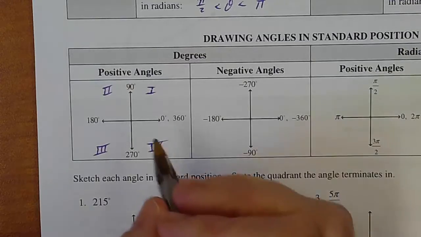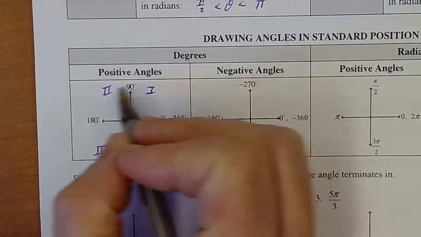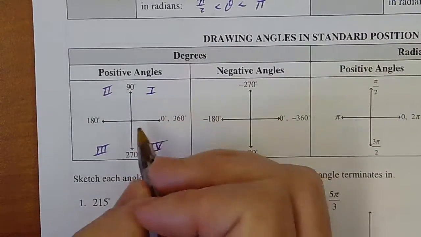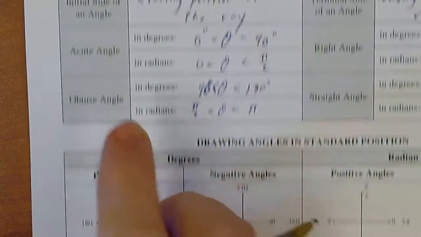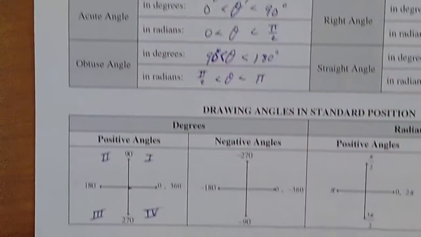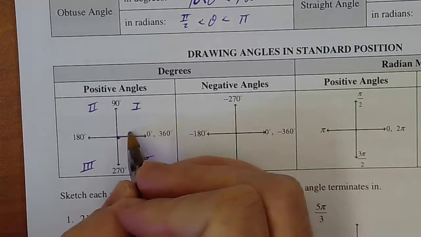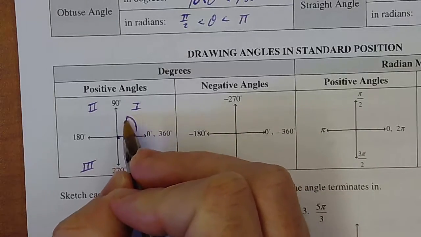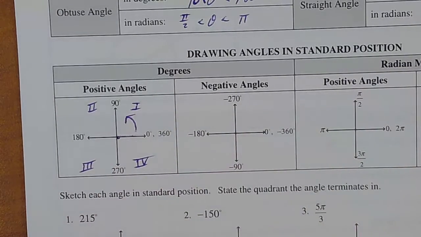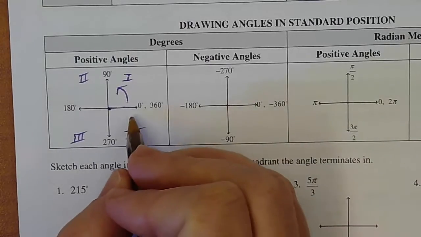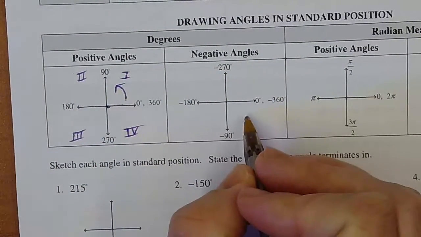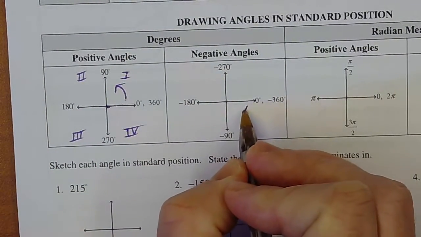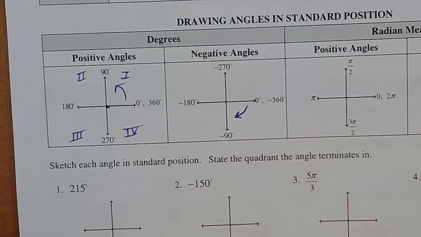So a positive angle always rotates through the quadrants in order. All right, so typically our initial side is always going to start at the positive x-axis. It's called the standard position. So it's going to rotate this way through. Negative angles are going to rotate backwards through the quadrants. So maybe just draw a directional arrow showing that. Negative angles go clockwise.